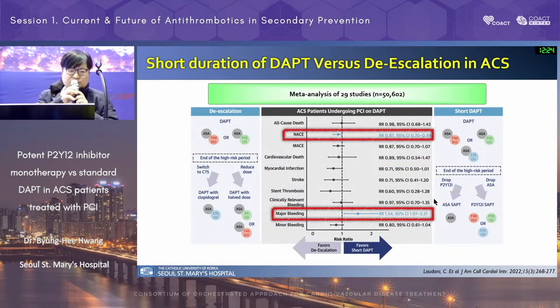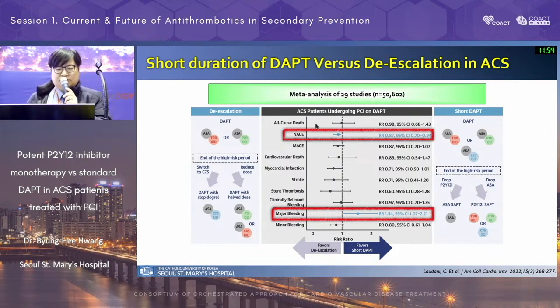So I'm going to show some meta-analysis of studies because there are many studies regarding this area. One meta-analysis was introduced in 2022. Meta-analysis of 29 studies. This is de-escalation, and this is short DAPT. Short DAPT means removing aspirin, or removing P2Y12 inhibitor.